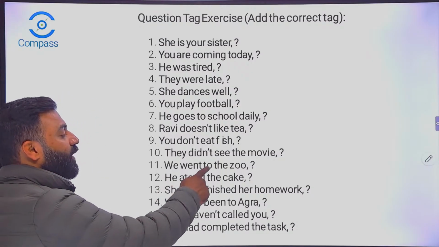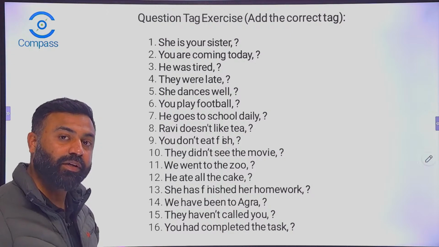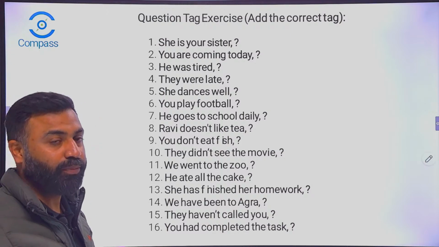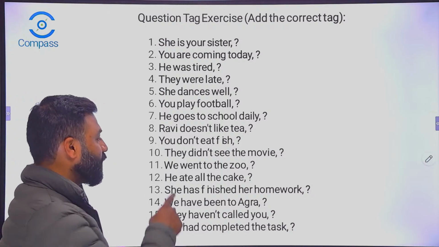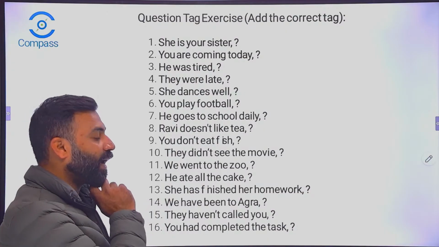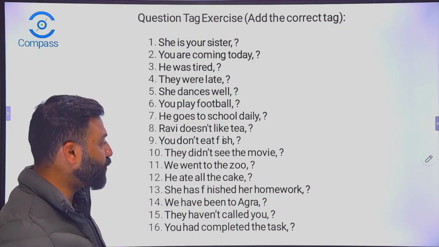Okay. We went to the zoo. Now it does not have any auxiliary verb here. For the 11th one, why don't you people try answering it? Come on. 11th one. It does not have an auxiliary verb. We went to the zoo.